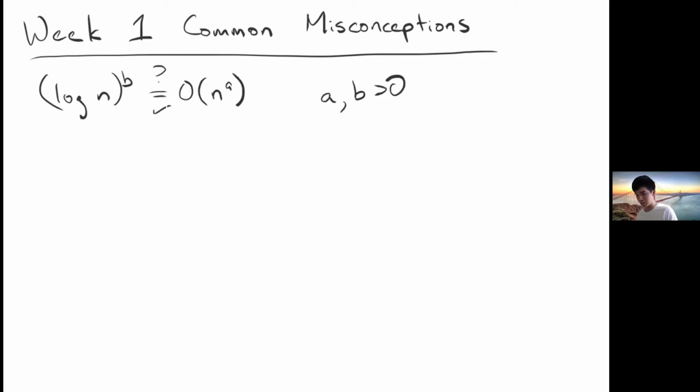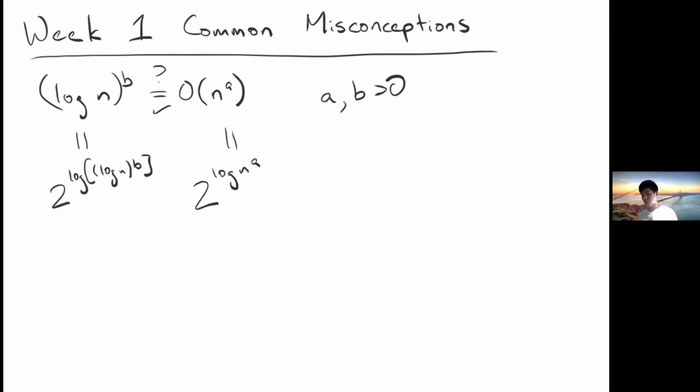One way we can see that briefly is if we rewrite each of these two functions as exponentials. This is a nice trick that you may or may not have seen before. So log n to the b, we can write as 2 to the log of this quantity, log n to the b. And n to the a, we can write as 2 to the log of n to the a.